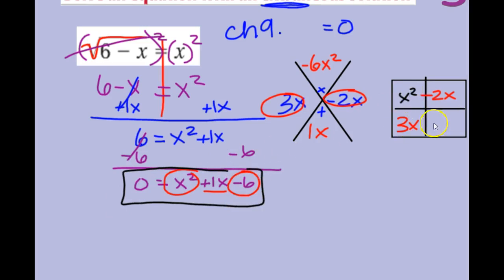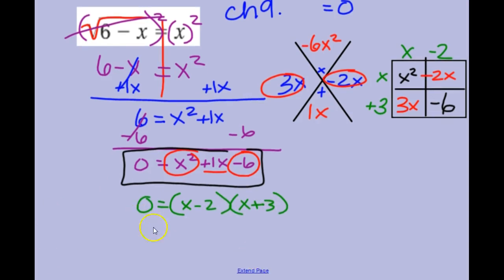Our last term is from the last box, negative 6. So think, what multiplies to get x squared? Well, x times x. Then x times negative 2 is negative 2x. X times 3 is 3x. So my answers here, I have really the two sets of parentheses are x minus 2 and x plus 3.